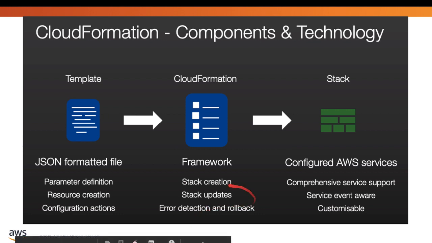To understand at a very high level, I've just added a JSON format file. We can go more in depth about the actual flow on the next slide, but mainly there are three components. One is the template, a JSON formatted file, which contains parameters, resource creation, and configurations.